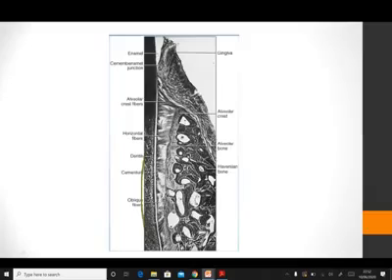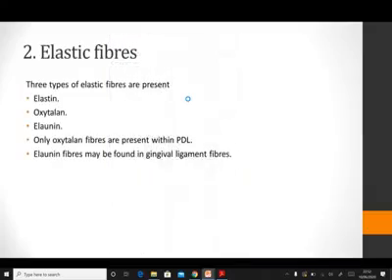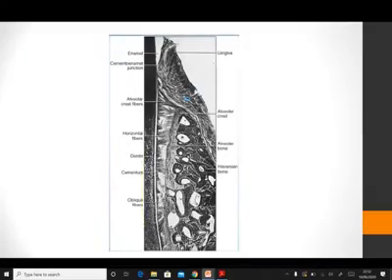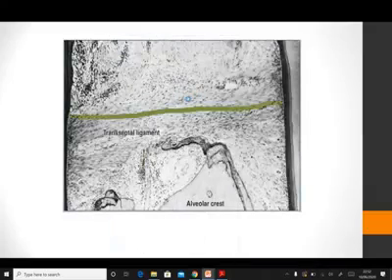These gingival ligaments are divided into 5 groups. We have the dento-periosteal, we have the alveolo-gingival, we have the dento-gingival, we have the circular group, and we have the transeptal group. Of these, the transeptal group connects the cementum of adjacent teeth in one arch.